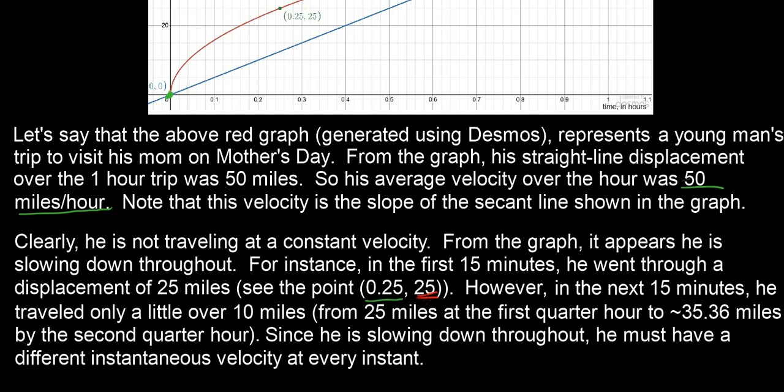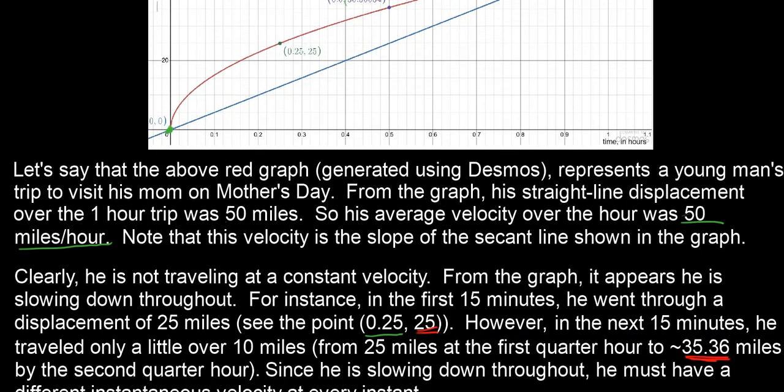He goes from the 25 mile mark at t equals 15 minutes, to 35.36 at t equals 0.5, or 30 minutes. So in the first 15 minutes he's traveled 25 miles, and in the next 15 minutes he's only traveled a little more than 10. So he's definitely slowing down throughout his journey.